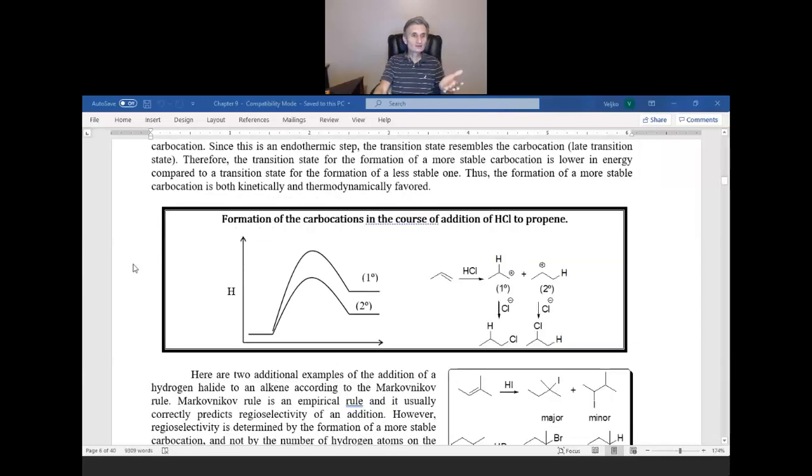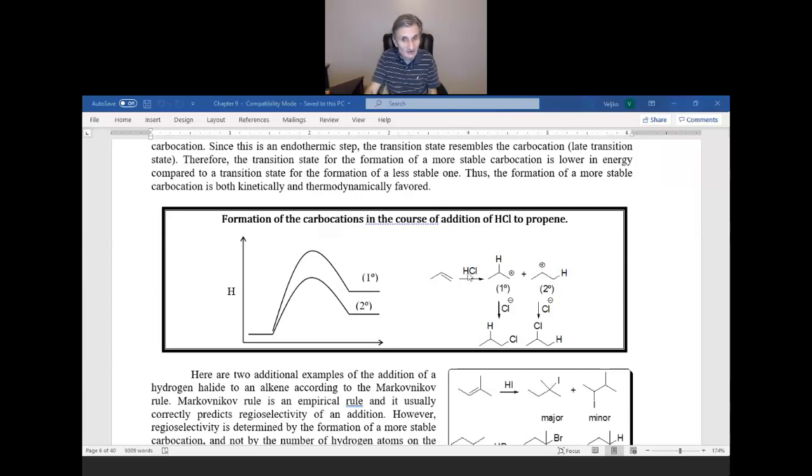Now we look at the reaction mechanism and we explain this through the stability of carbocations. Hydrogen adds to the carbon that contains more hydrogens, and that's actually the less substituted carbon. That gives the more stable carbocation, the more substituted carbocation, secondary.